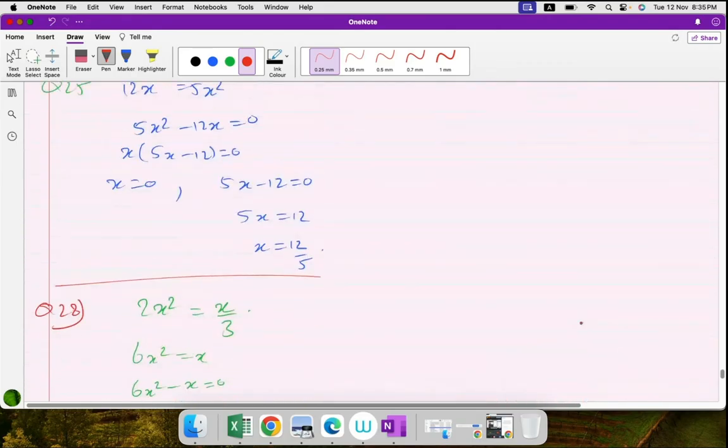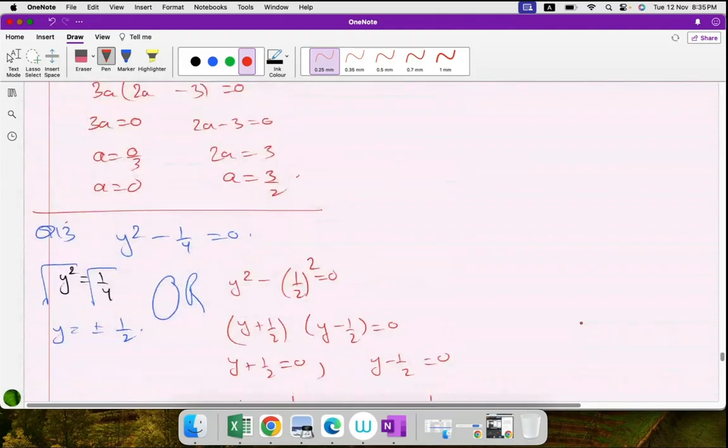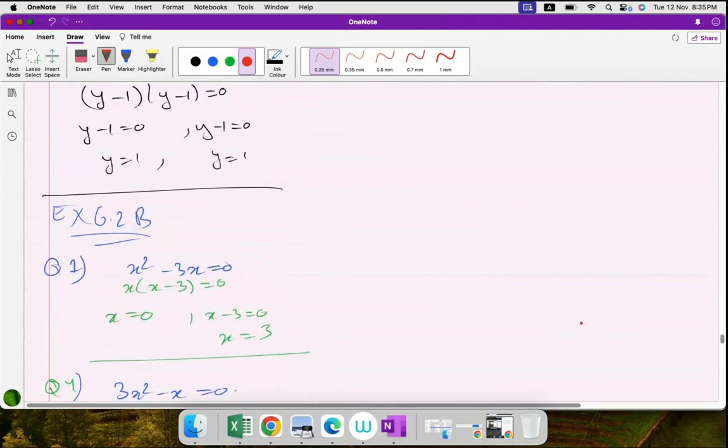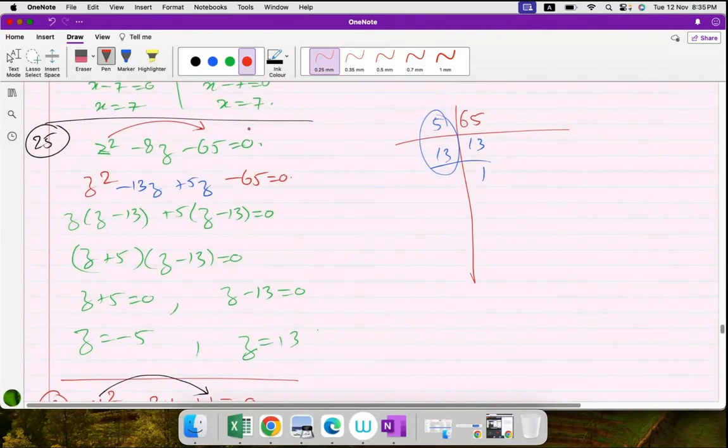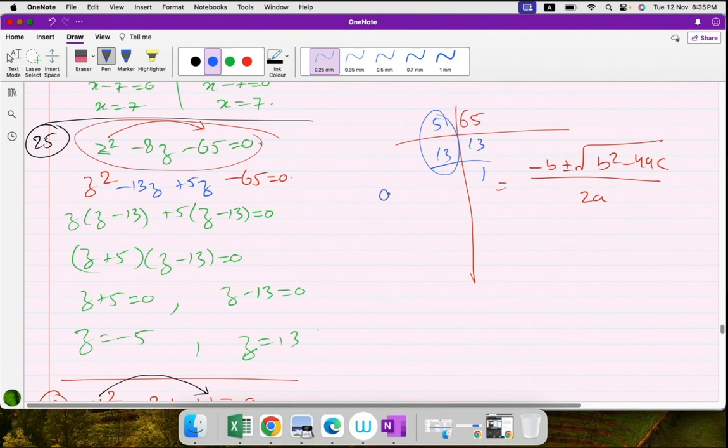I'm using this same formula for one of these equations to show that we get the same answers. Let's do it for this one. So the quadratic formula was minus b plus minus square root of b square minus 4ac over 2a. No need to write a, b, and c values separately, I'm just doing it for the start. a is 1, b is minus 8, and c is minus 65. This minus is built into the formula.